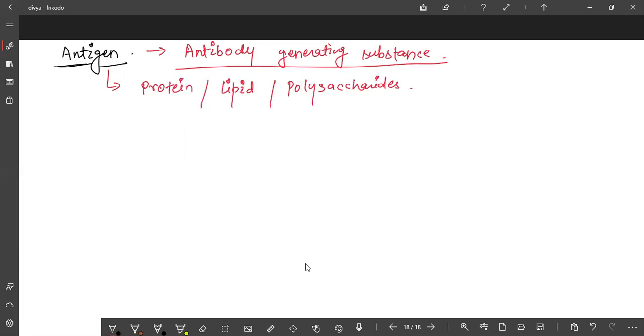And antigens are also present in our body. So the antigen that is present in our body is called self-antigen. And the substance that comes from outside is called foreign antigen. Is it clear to you? So antigen is of two types.